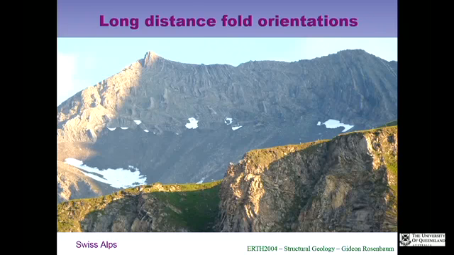And the intersection, always a little bit hard to think about, to see the intersection in a two-dimensional view, but let's assume that the intersection is horizontal. So we immediately know what type of folds are present here.